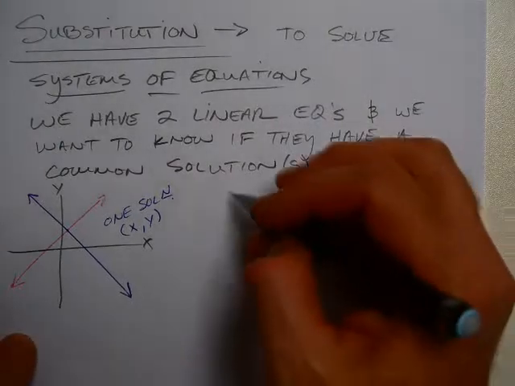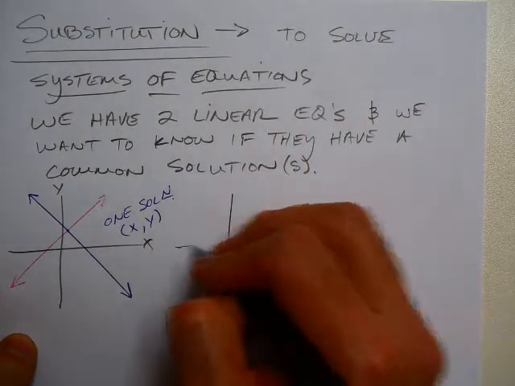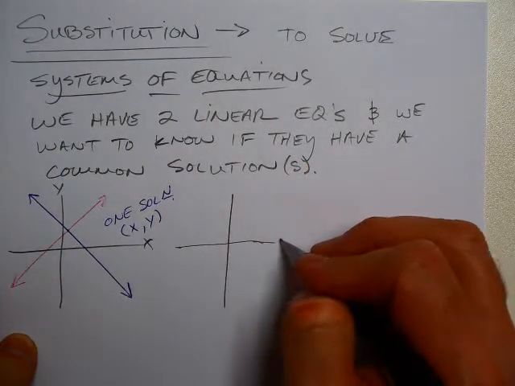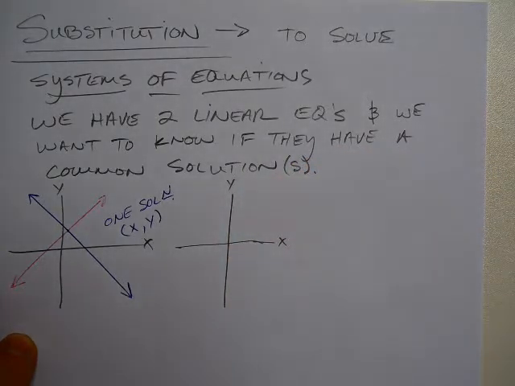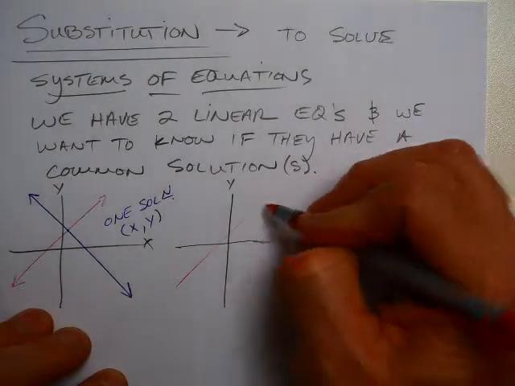Can anybody think of another way that 2 lines could interact with one another that might be a little different than that? What's that? Well, they could, but wouldn't that be that they'd still just cross in one point, perhaps? Yeah. They can be the same line. And sometimes it's hard to tell.